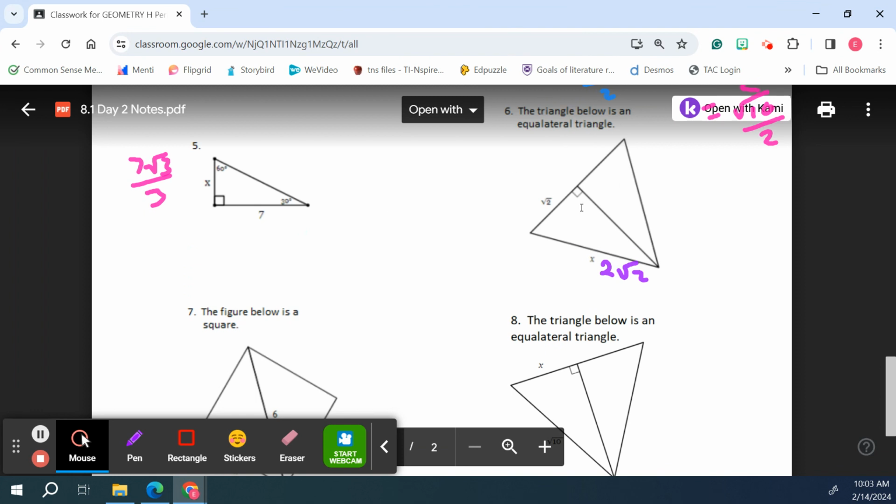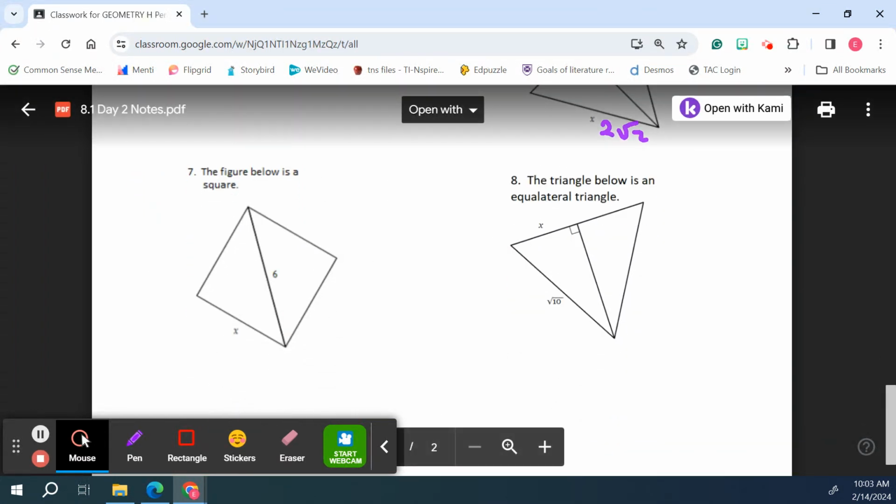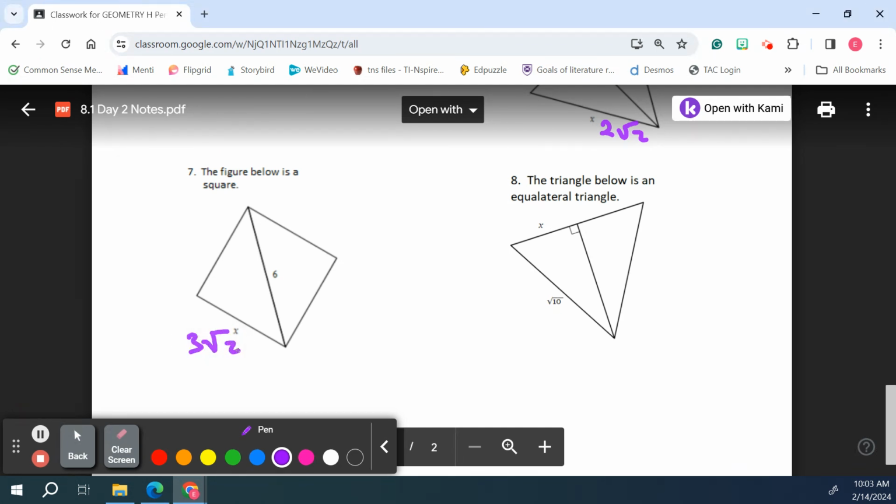Any questions on these before I move on to 7 and 8? All right, 7. Jackson, what'd you get? 3 radical 2. Excellent. Does anybody need to see this one? Okay. Last but not least, Alex, what'd you get for 8?